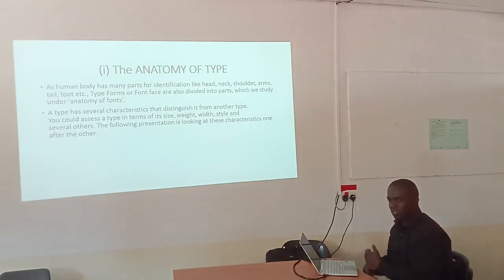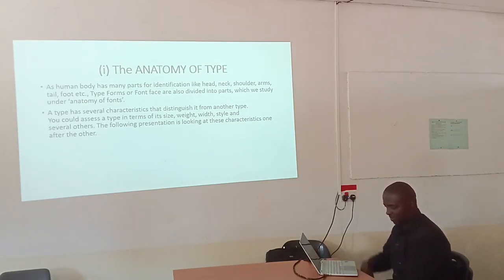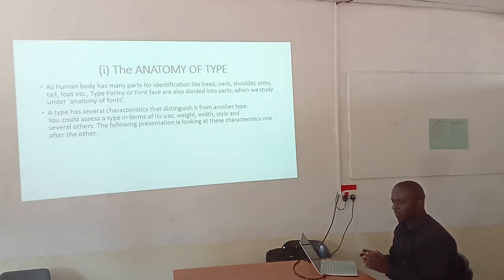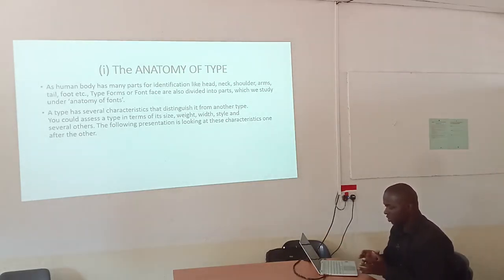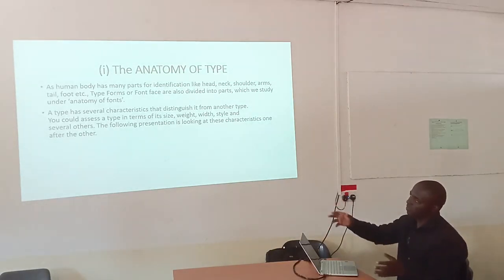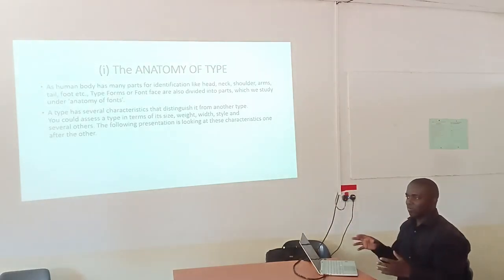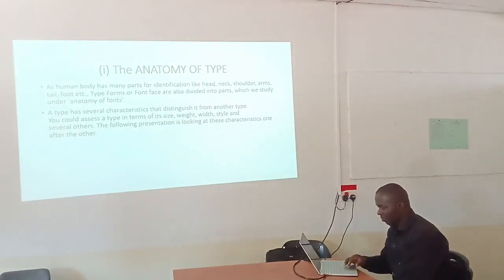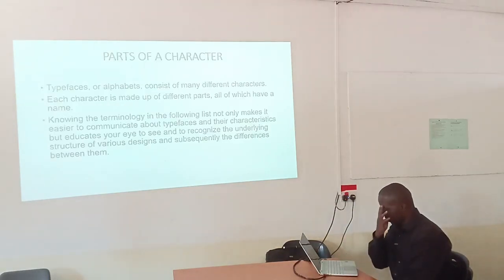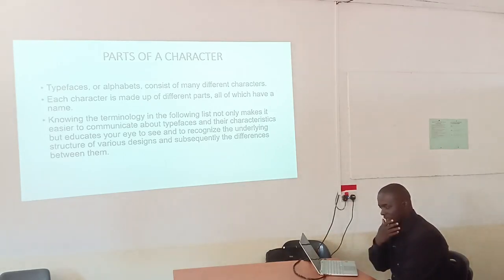If you talk about the anatomy of type, it's the same thing: the characteristics that distinguish each type, because we have so many of them. All those elements that make them different are what we refer to when we talk about the characteristic anatomy.